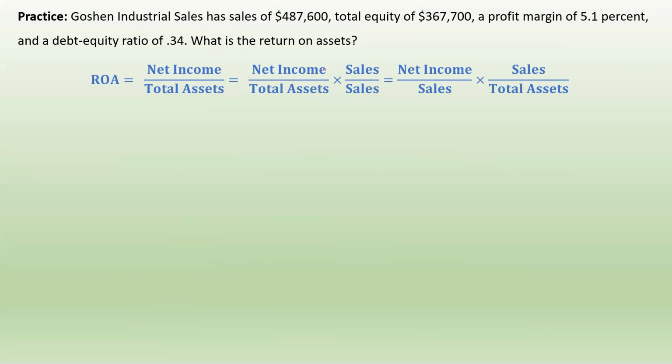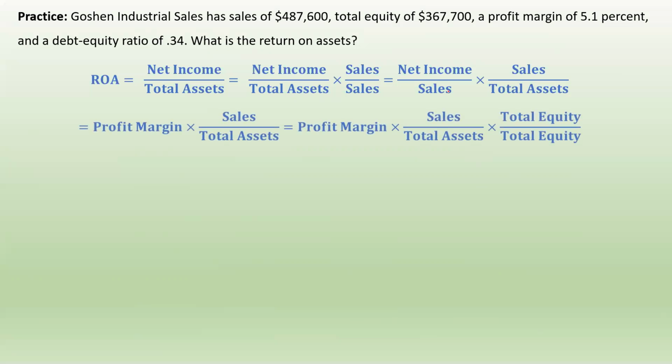It doesn't change the value, and we can rearrange it. Then net income divided by sales is profit margin, times sales divided by total assets. And we can multiply by total equity divided by total equity itself. It will not change the value of this formula.